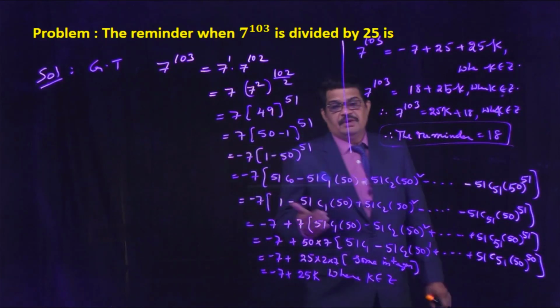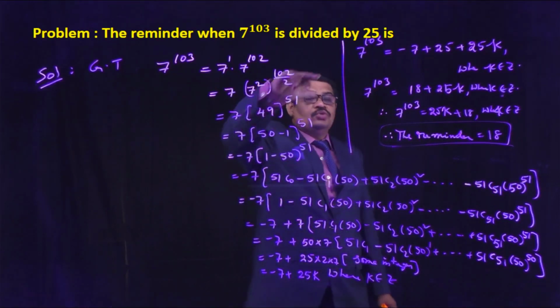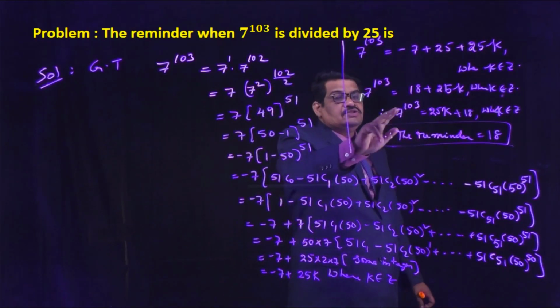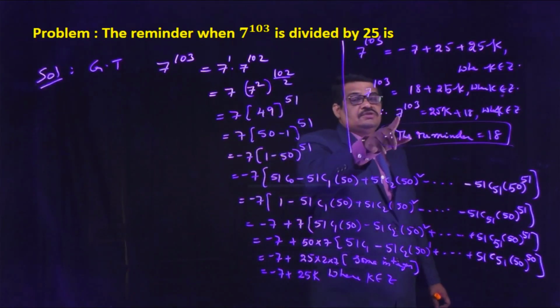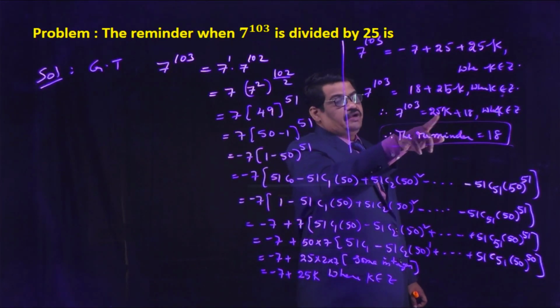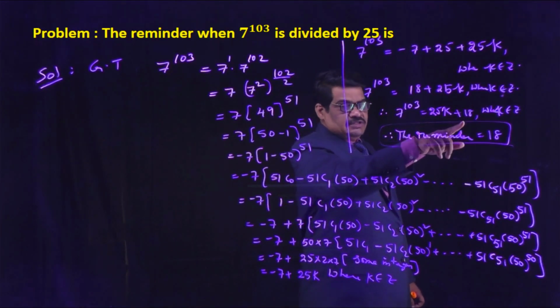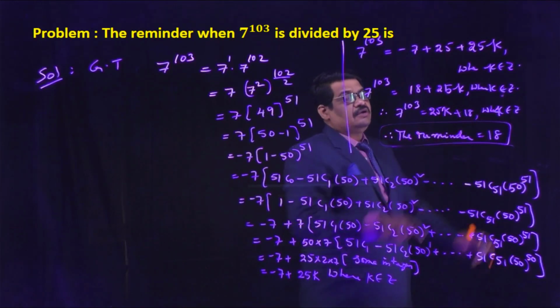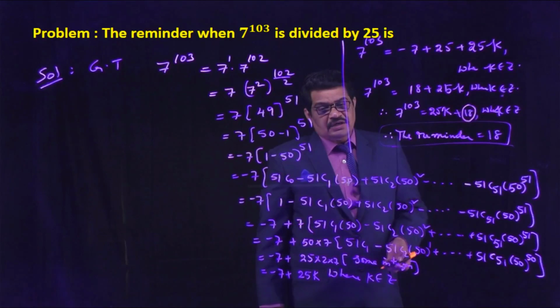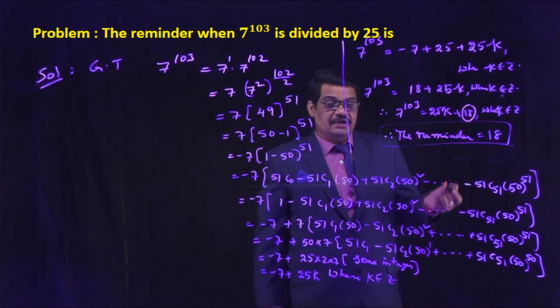So what is the remainder? The number 7 to the power of 103 can be written as 25 into some integer plus the remainder. What is the remainder here? The remainder is 18. So the answer: the remainder is 18.